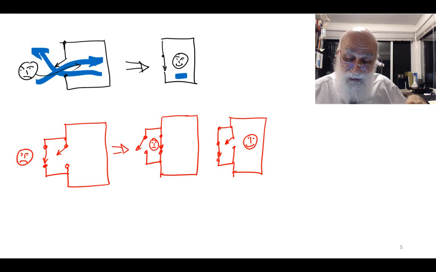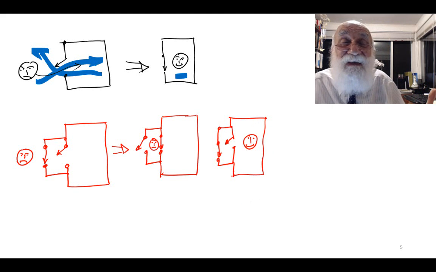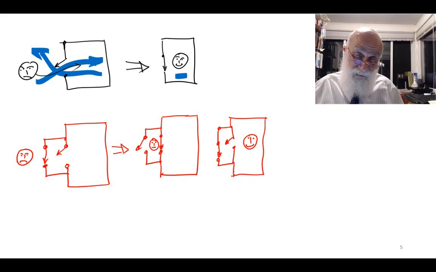But see, there was no chance, neither when the inside door was open or the outside door was open, there was no chance for the airflow to go one way or the other. Okay? And therefore you are actually walking into the place without a significant amount of energy being wasted.